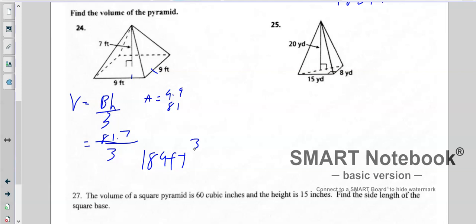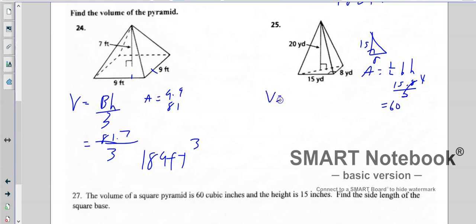All right, on to 25. We have a triangle for our base. Area of a triangle is 1/2 base times height. So that's 15 times 8 divided by 2. Or just 15 times 4. 2 goes into 8 4 times, which is 60. Okay, so the area of the base is 60.